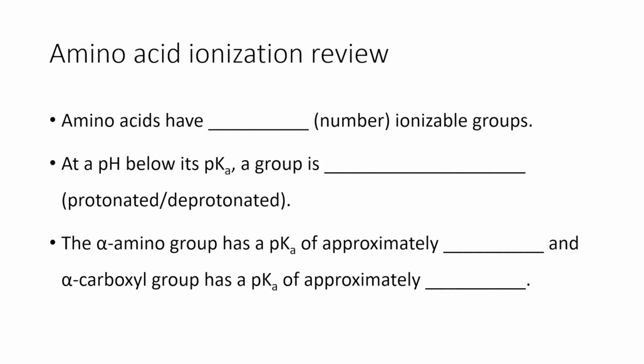All right, so how many, first blank, amino acids have how many ionizable groups? 2 is a good answer. Are there any other numbers that you could put in here? Yeah, some have 3. So you could say 2 to 3. It's usually 2, that's true, but it's sometimes 3.